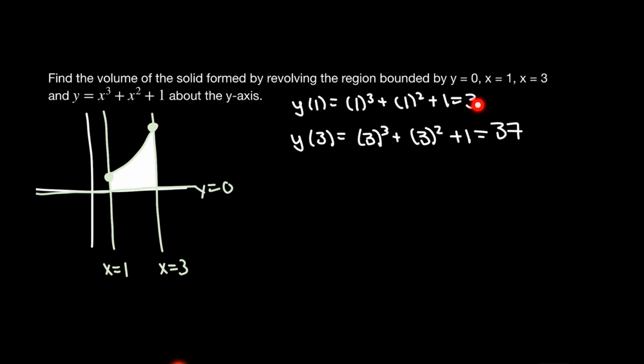When I plugged in 1, I got y equals 3, so this is supposed to represent the point (1, 3). And when x is 3, if I plug that into my polynomial, I get y equals 37, so I drew that up there. I don't know the exact shape, but this picture should be good enough to help me get my problem set up.